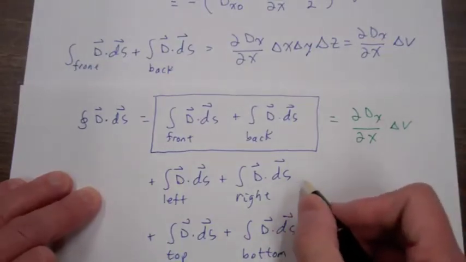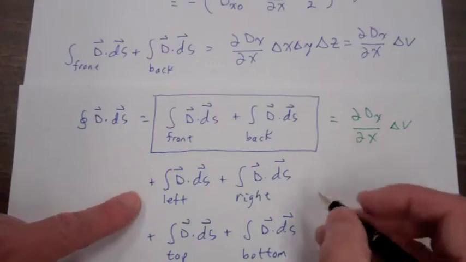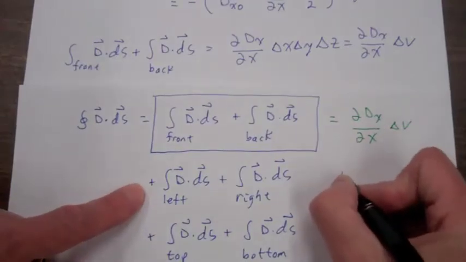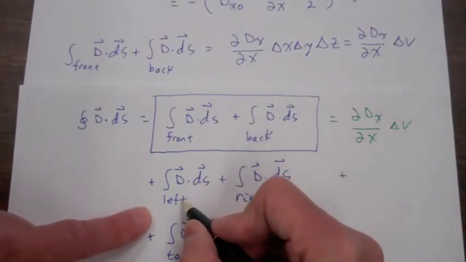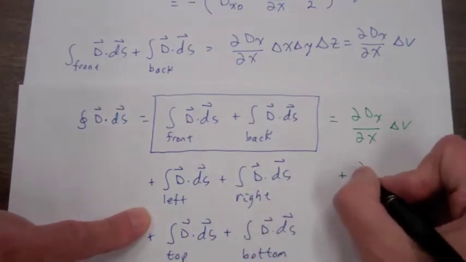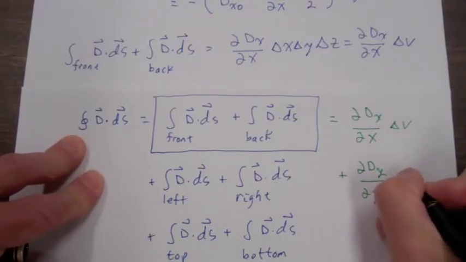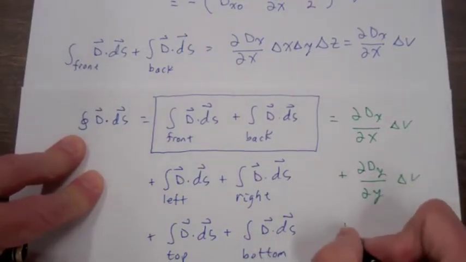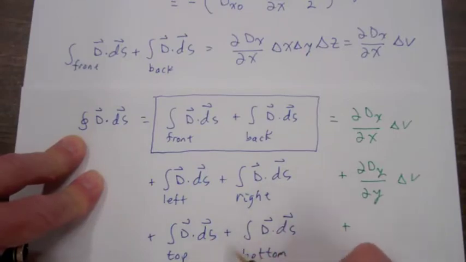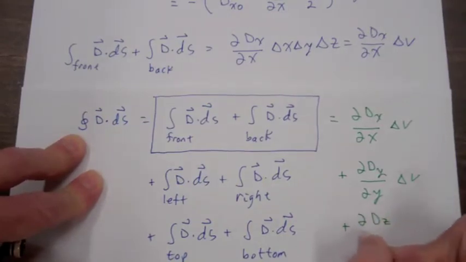And so you could go through the same details, or just from inference figure out that the integral of d dot ds over the left face plus the integral of d dot ds over the right face is the partial of d sub y with respect to y times delta v, and the integral of d dot ds over the top face plus the integral of d dot ds over the bottom face is the partial of d sub z with respect to z times delta v.